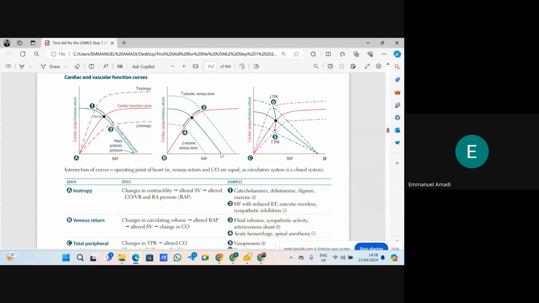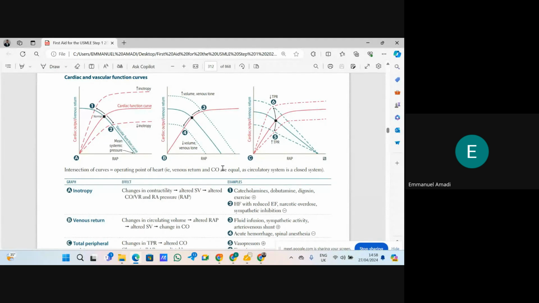The solid blue line you're seeing here is the normal venous return, classically. Now, the dotted blue line below it, number 4, means the venous return is reduced. This one above it simply means the venous return is increased.